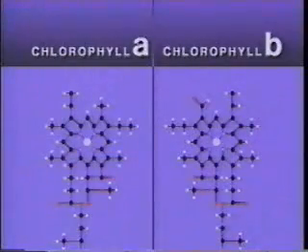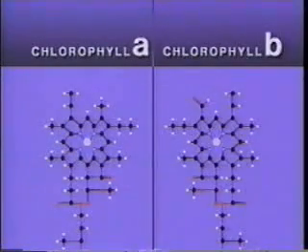Chlorophyll A receives more of the sun's light energy to carry out photosynthesis. Even though chlorophyll B has nearly the same molecular structure as chlorophyll A, it actually functions as an antenna pigment.